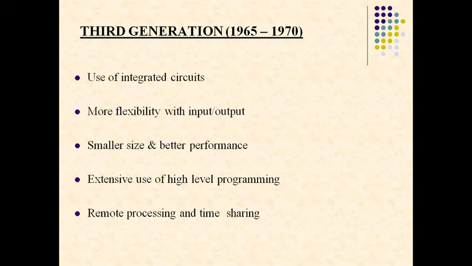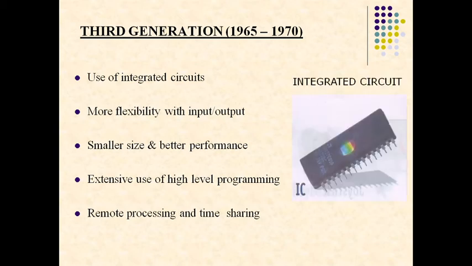Next, third generation computers. The third generation is between the years 1965 and 1970. What they used is integrated circuits, that is ICs, which are nothing but chips, as you can see in this picture.